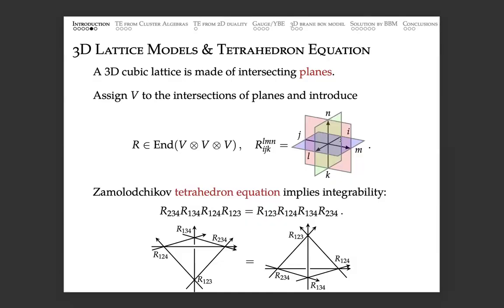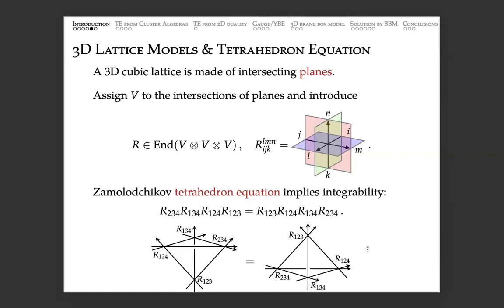And suppose I have spin variables i, j, k, l, m, n placed on the edges of these black segments. Okay? And then I say that the interaction energy defines a local Boltzmann weight, which I call R_ijklmn, and think of this as a matrix element of an operator R, which acts on V tensor V tensor V. Okay? So this is very similar to the 2-dimensional story. And indeed, there's a 3-dimensional analog of the Yang-Baxter equation, which goes under the name Zamolodchikov tetrahedron equation.